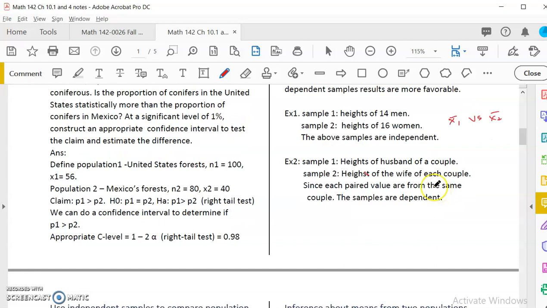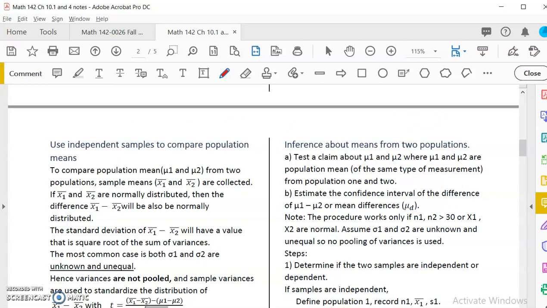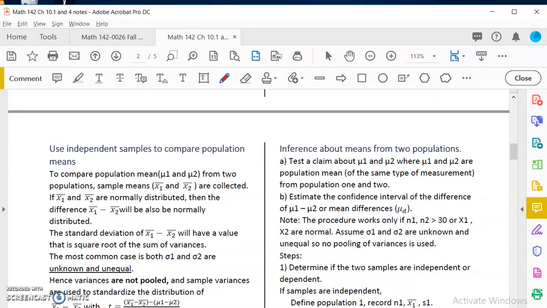And when we compare them, we don't compare the sample mean of the whole first sample. We actually calculate a difference from each pair, which is x1 data minus x2. So we say, okay, for each couple, what is the difference? And that would translate to understanding if the sample means for the two populations are actually the same or different.